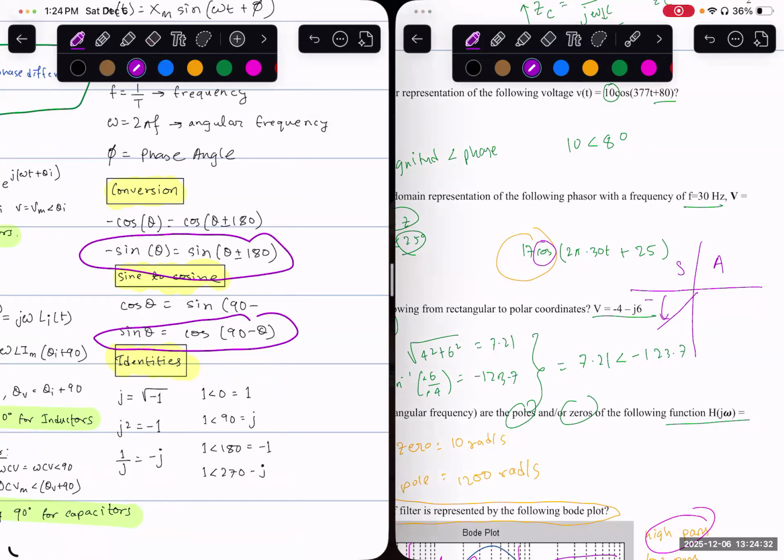First change it to an angle smaller than 180 using this formula. If it's more than 180, apply this first, and then if you want to represent it in cosine or sine, you can use this one right here, if that makes sense.